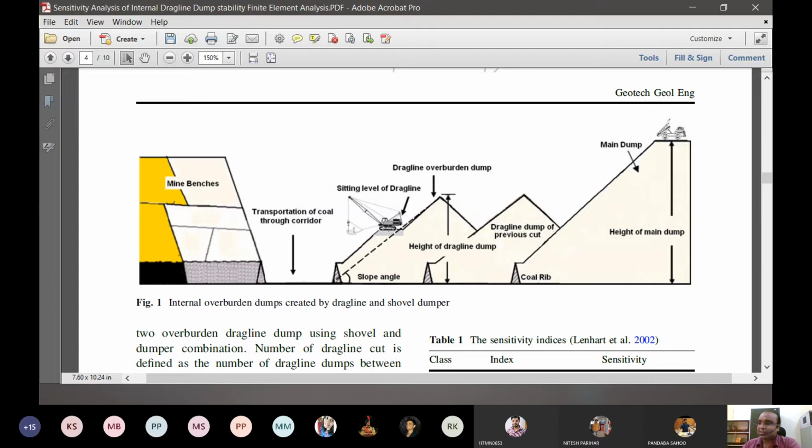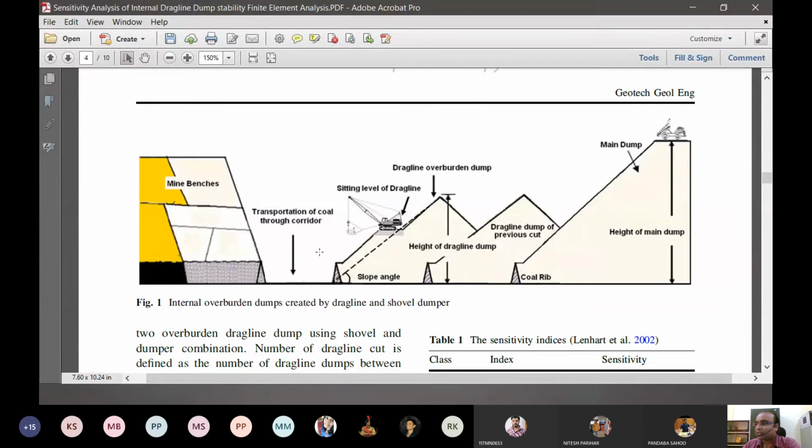So this analysis in this paper basically finds the stability of these dump slopes based on many conditions, like the slope angle, right? The height of the dragline dump, the height of the main dump that was there, the height of the coal rib, the seam angle, if the seam is inclined, right?